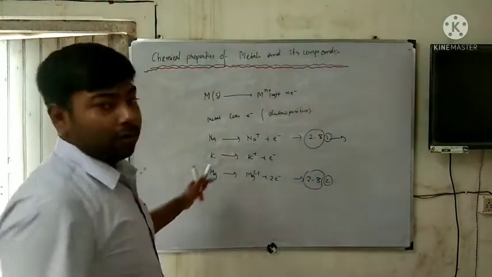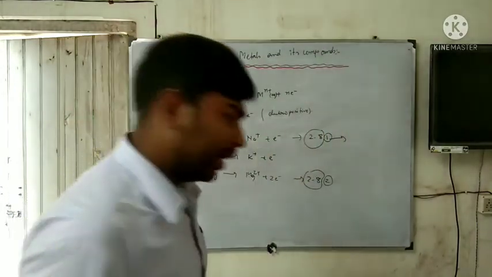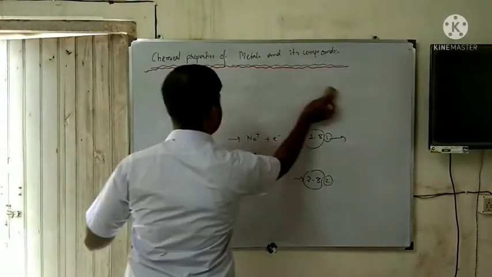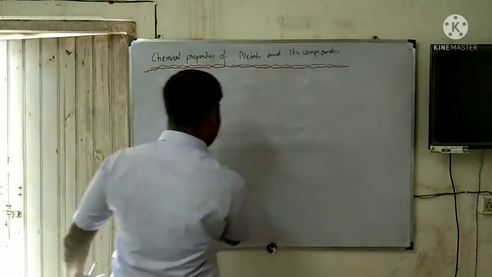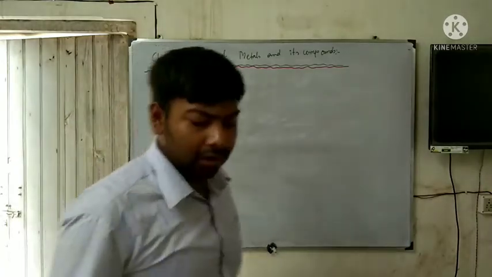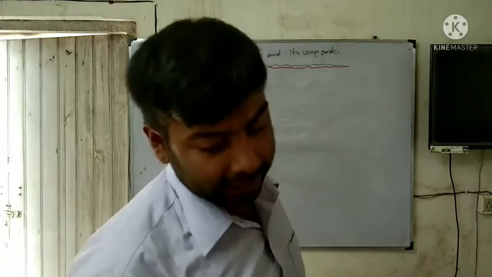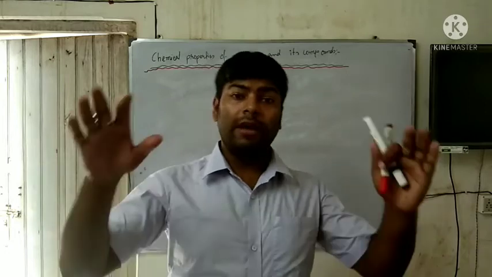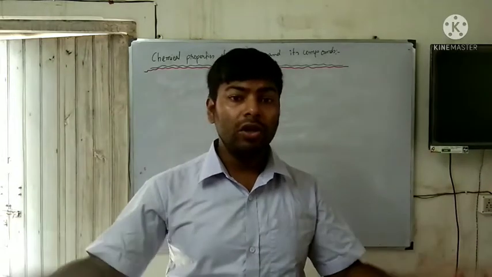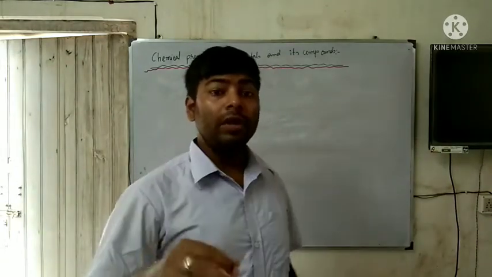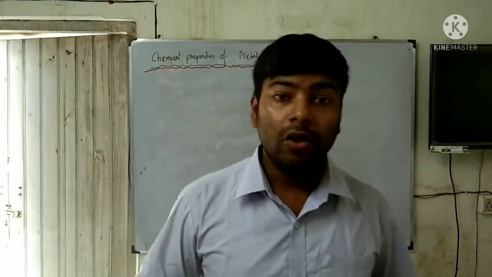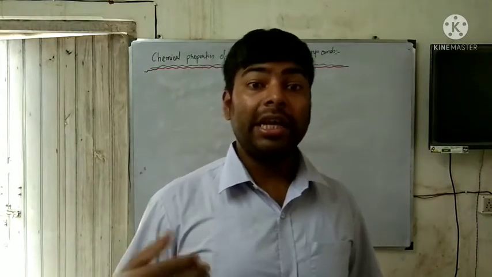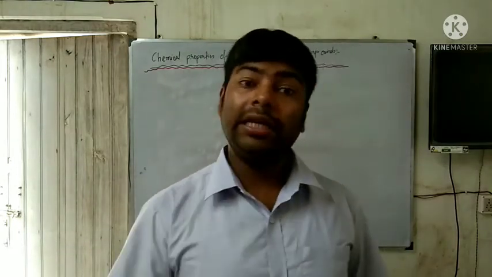So now let's see about the metals. We are not going into the metalloids. We have a large number of metals, but if we have more than 5 or 10 metals, then you should know which one will act as a better metal, which one has a better metallic character, and which one has a lesser metallic character.